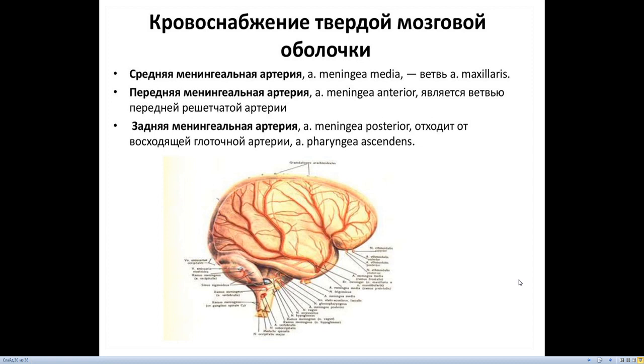Except this, branches of the vagus and hypoglossal nerves pass to the dura mater encephali.